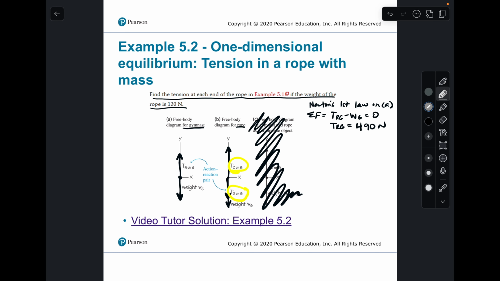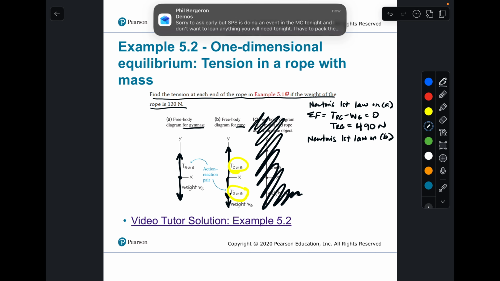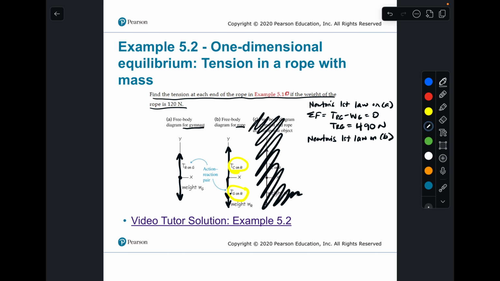So let's apply Newton's laws to free body diagram B, and it's going to be Newton's first law since it's not moving. So the sum of all the forces is now going to be equal to positive T_CR minus T_GR minus the weight of the rope, and all that's going to equal 0.